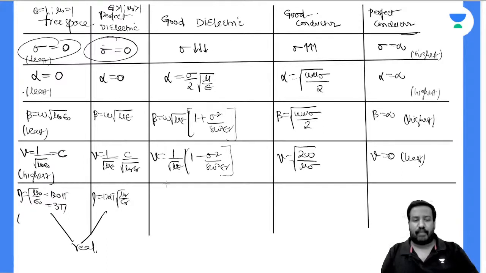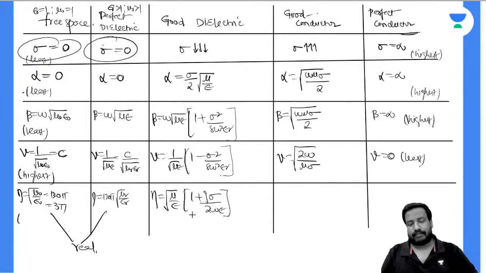Whenever sigma comes into the picture, eta will become imaginary. Eta is under root of mu by epsilon into 1 plus j times of sigma by 2 omega epsilon. It is really complex in nature here.